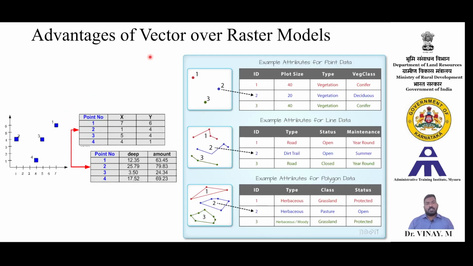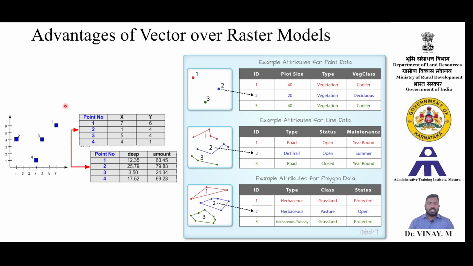The advantage of vector is, once you create a particular point, that point can be integrated with n number of information that you want. Let's take an example. You went to the field and collected the latitude and longitude of a particular tree. So the spatial information is captured.